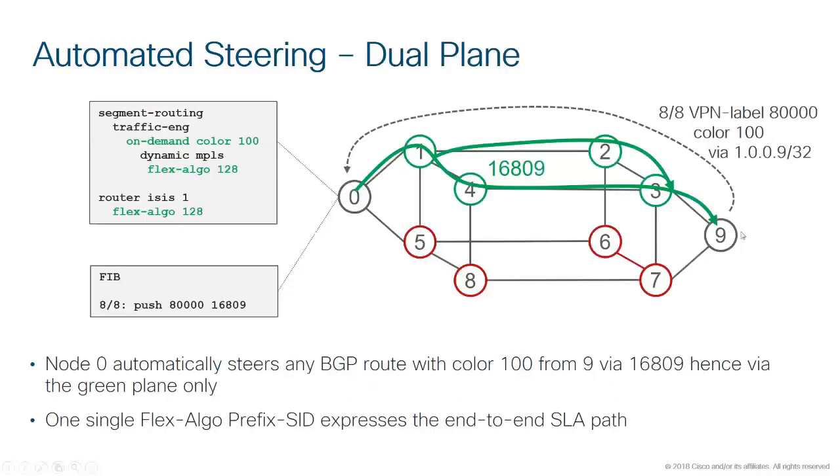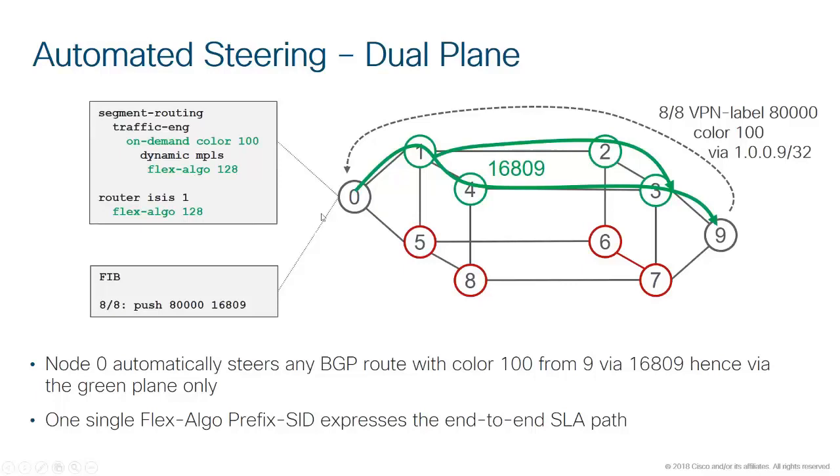I am 9. I advertise a VPN route 8/8 with the VPN label 80,000, the color 100, and the next stop 1009/32. I have at 0 a template that says color 100 is the flexible algorithm 128.